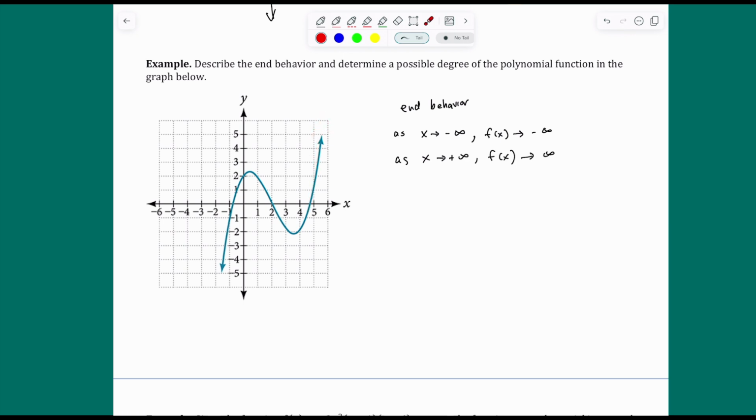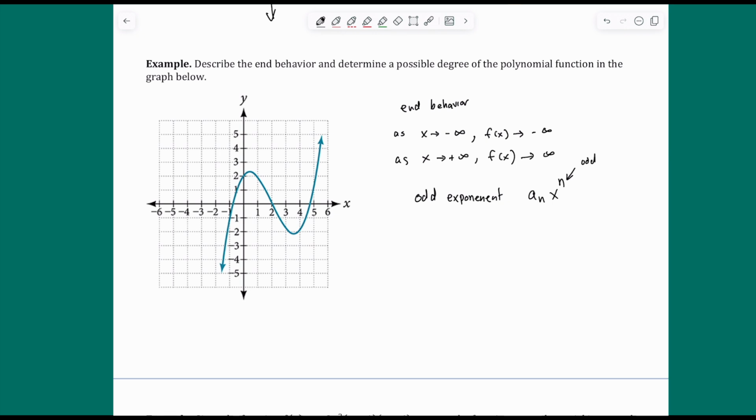Now, based on this picture, we don't know what exponent it would have, but it would have to be an odd exponent. Remember, it's going to behave like its leading term, a sub n, x to the n. So n has to be odd.